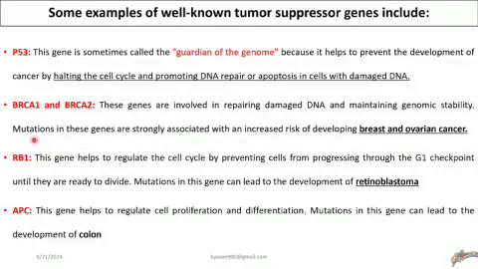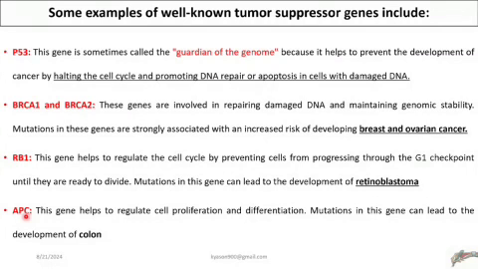There are many other tumor suppressor genes. We have the BRCA1 and 2 genes. These genes also play the role of repairing damaged DNA and maintaining genomic stability. Mutations of these genes are associated with a high risk of developing breast cancer and ovarian cancer. Then we have the APC gene.